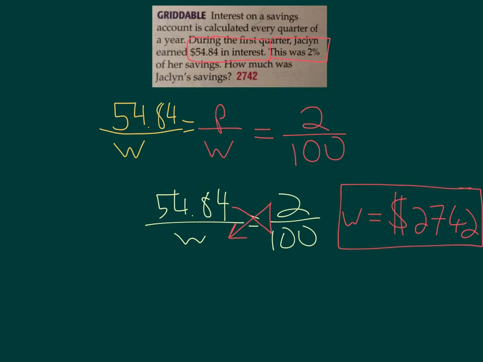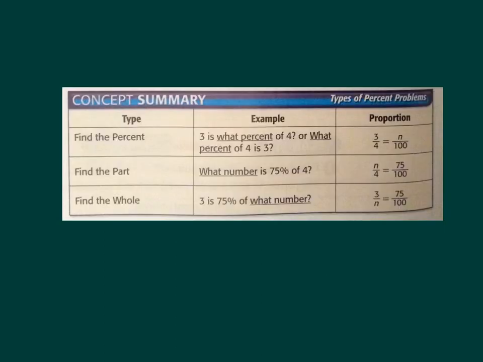So all of these questions basically have three types. And this is right from your textbook. You're either trying to find the percent and you're given the part and the whole, or you're trying to find the part and you're given the percent and the whole with the word of in front of it.